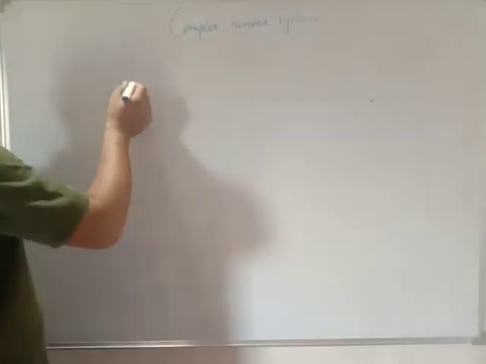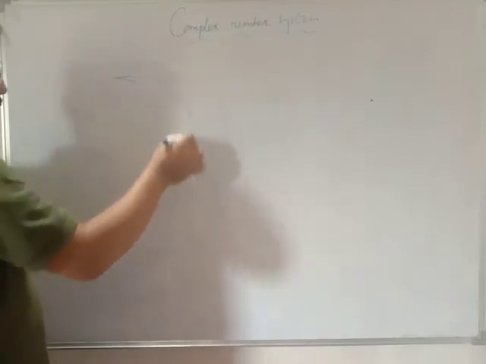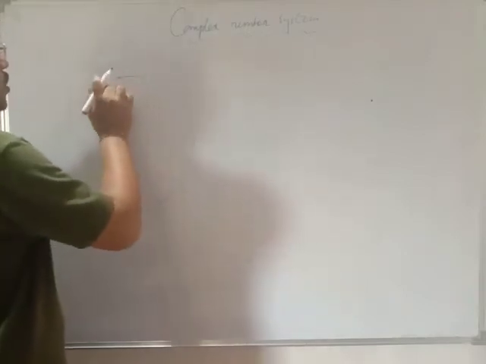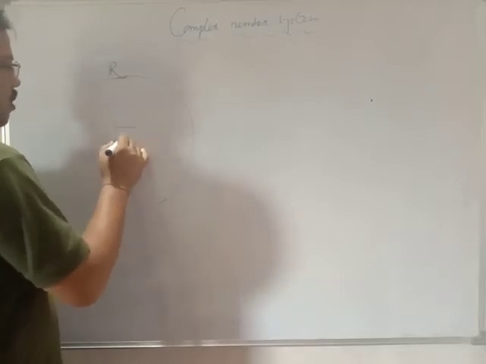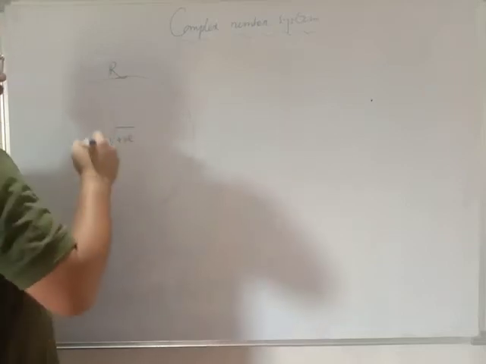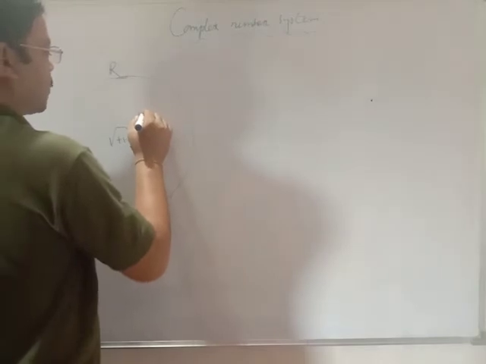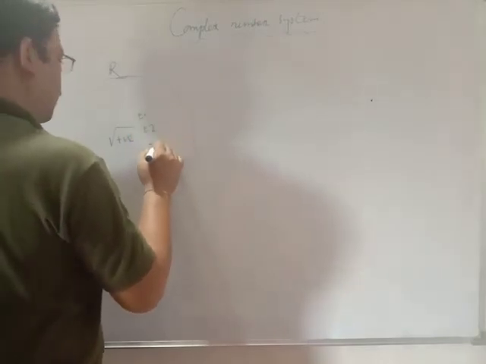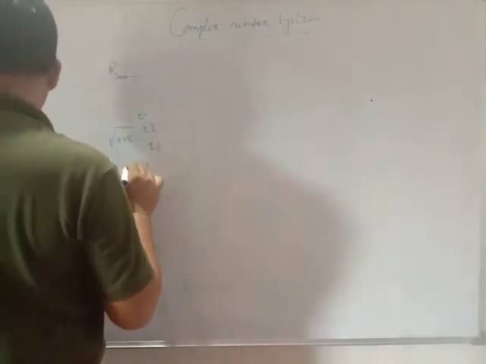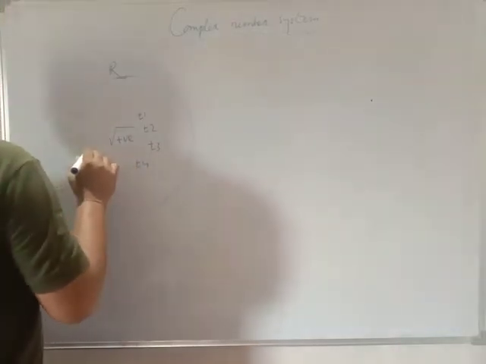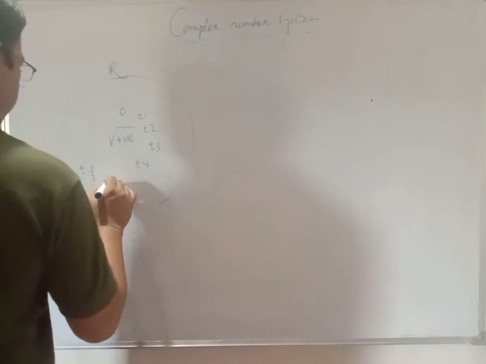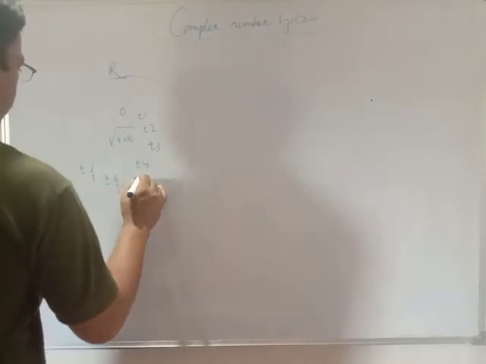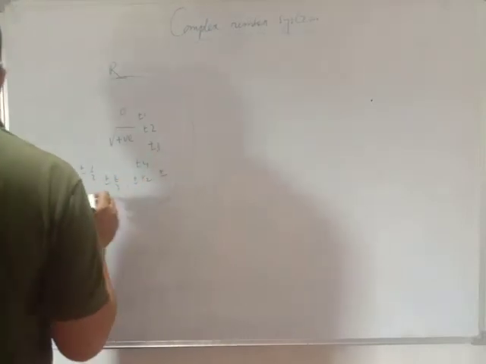Now we have a set of real numbers. This is your set of real numbers. Suppose it contains the square root of all positive numbers. It means it contains plus minus 1, plus minus 2, plus minus 3, plus minus 4, 0, plus minus 1 by 2, plus minus 2 by 3, plus minus root 2, plus minus root 3.